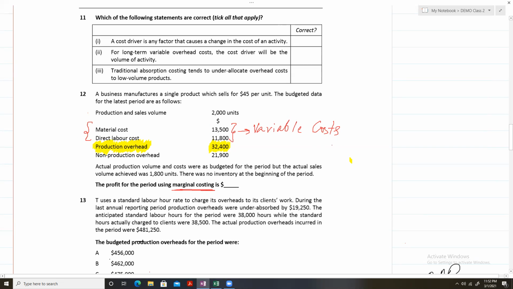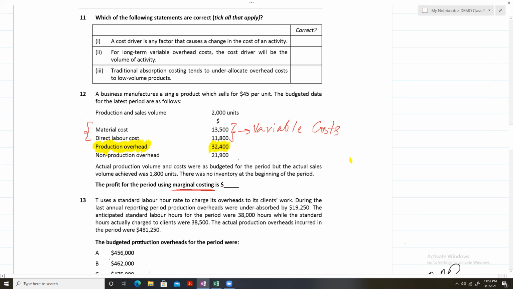I will be really glad to see you tell me how much each unit of inventory would cost in marginal costing in this question. How will we value each unit of inventory in marginal costing?